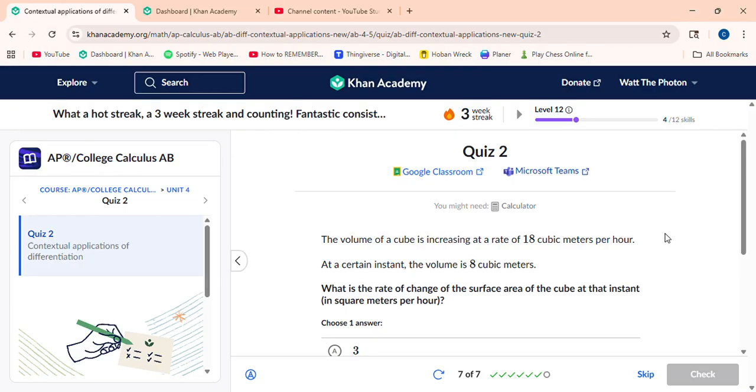So the volume is equal to x cubed. If x cubed is 8, we get a single side length equal to 2. Okay, that's important. Single side length equals 2.